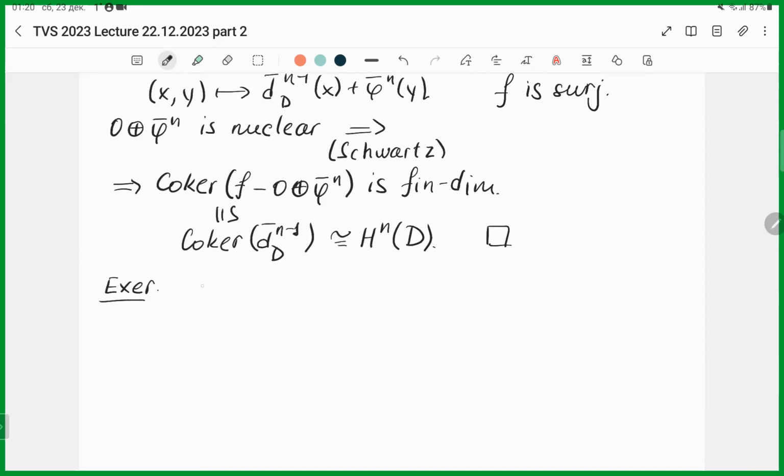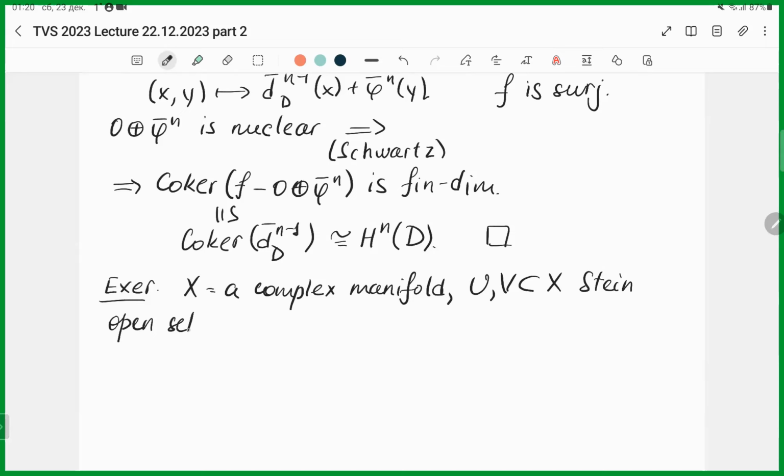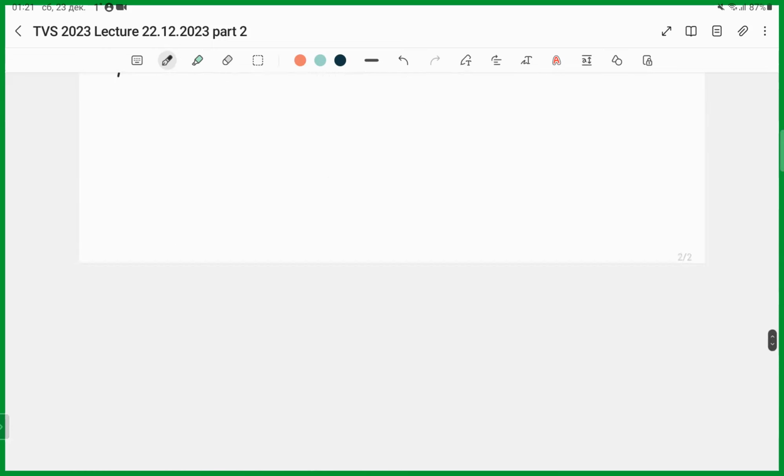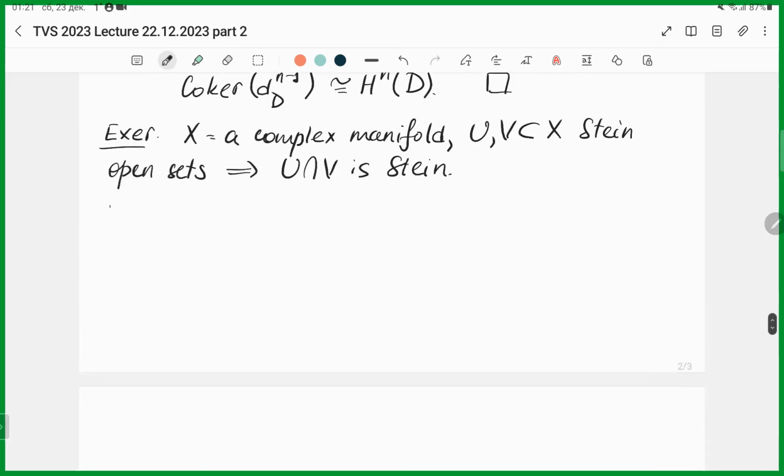If X is a complex manifold, and if U and V are two Stein open sets in X, then their intersection is also Stein. Okay, so now we are ready to prove the Cartan-Serre finiteness theorem. And actually the proof will be very short, modulo what we already know.